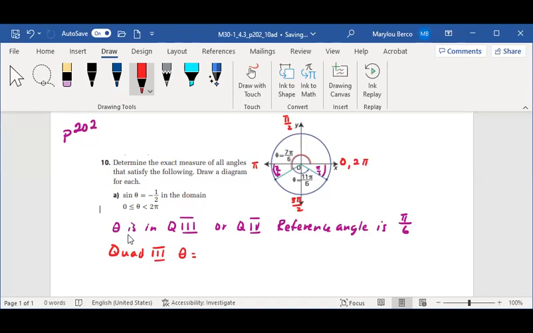So in quadrant 3, theta equals pi plus pi over 6, or 7 pi over 6. Okay. In the blue, we have quadrant 4.